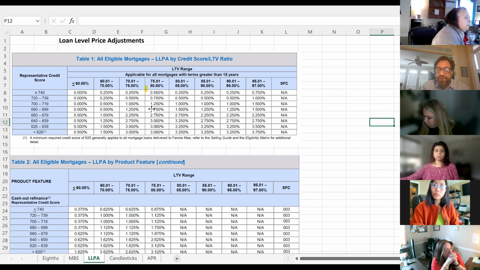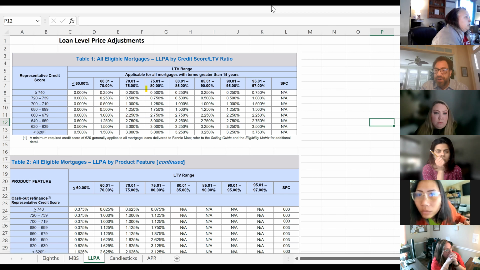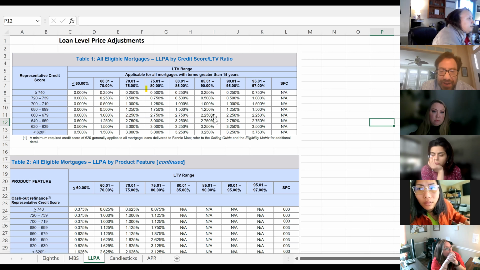Okay, so is the pricing better on an 80% LTV or a 95% LTV? Yanni, it's better on an 80 or a 95? Assuming they have good credit, 740 credit. Can you please say that question again? Yes.